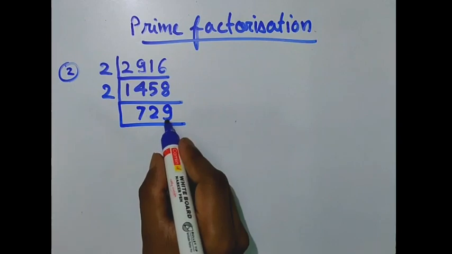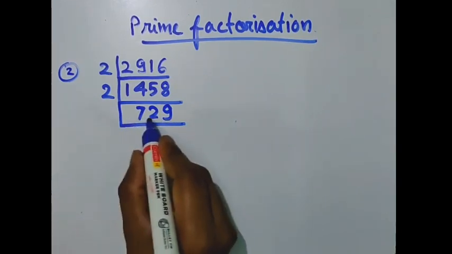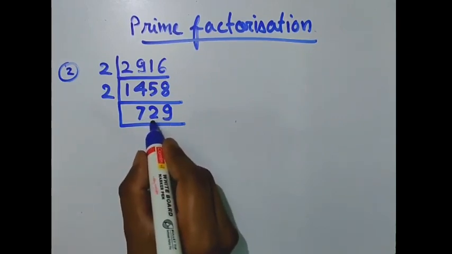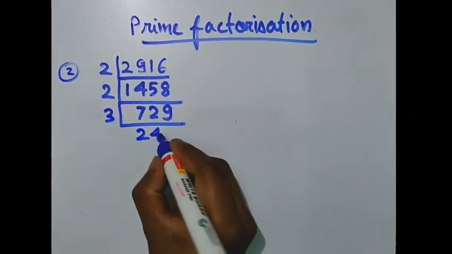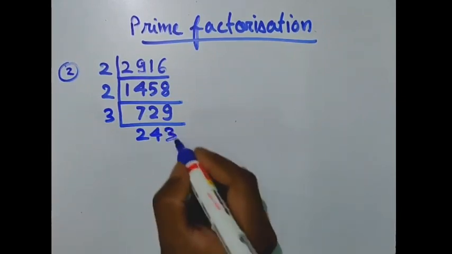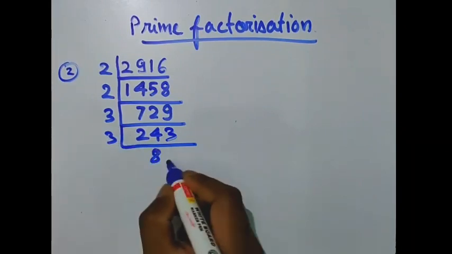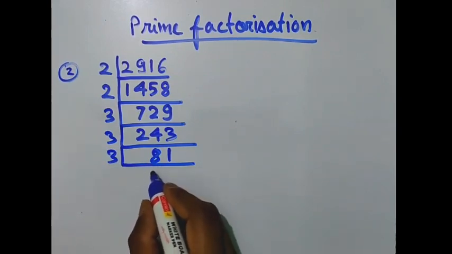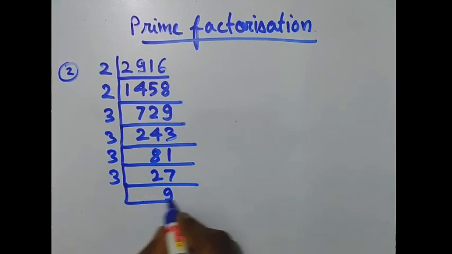Now this is not an even number, so it cannot be divided by 2. So the next prime number we can try is 3. If we sum up the digits, we'll see it is divisible by 3. So 3 2s are 6, then 3 8s are 24, 3 1s are 3, then 3 27s are 81, then 3 9s are 27, then 3 3s are 9.